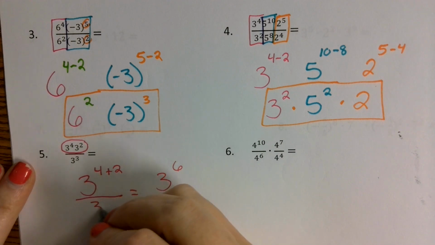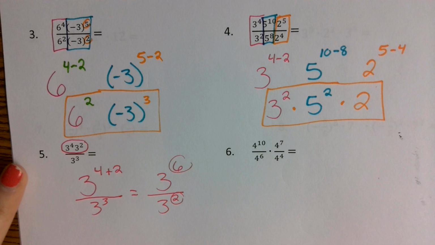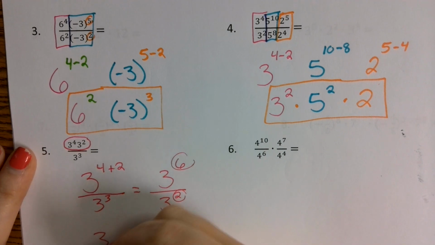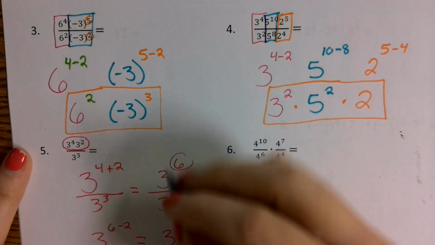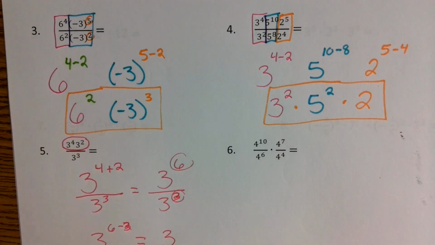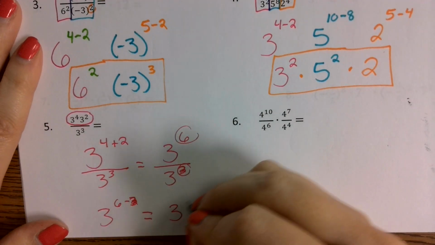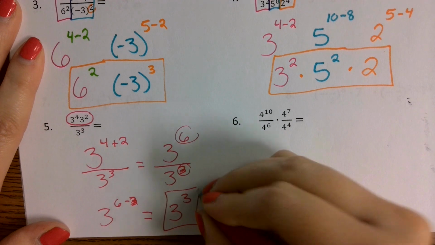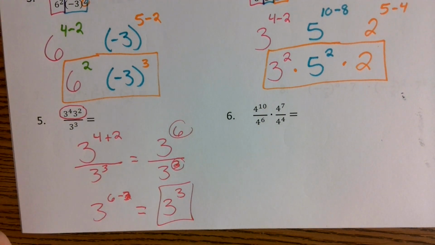And then I can go ahead and subtract these exponents. And that would be 3 to the 6 minus 2 power. I miswrote here. That would become 3 to the 3rd power. Okay, so your final answer for number 5 should be 3 to the 3rd.